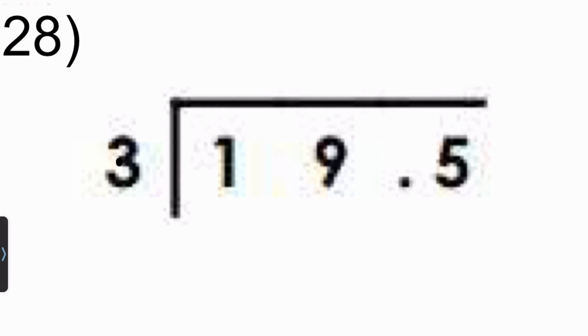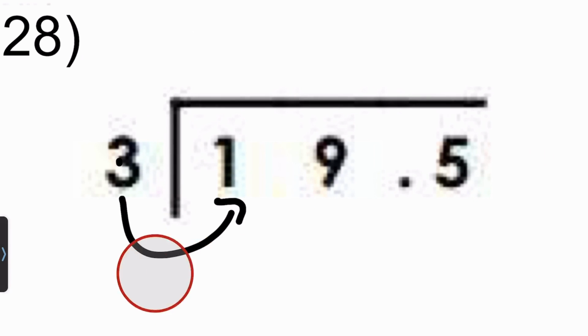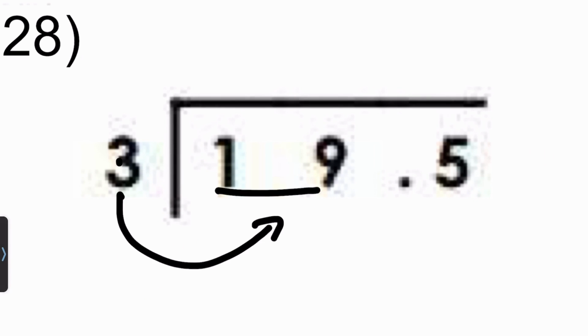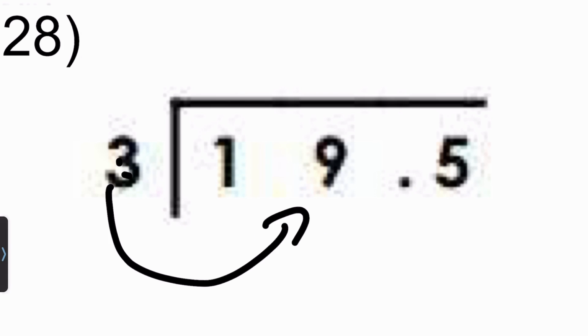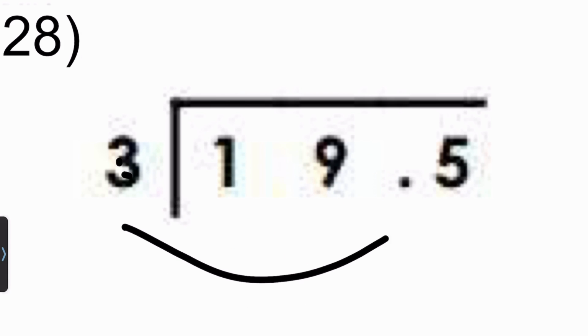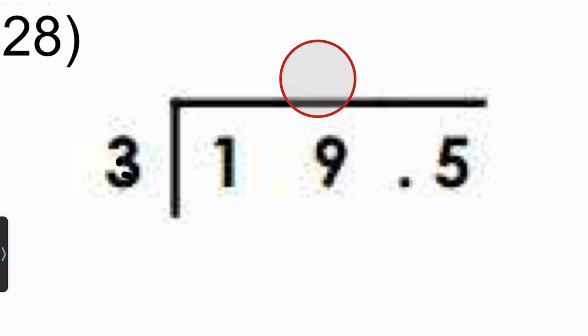Here though, 3 doesn't go into 1. We can make 3 go into 19 because there isn't a point here. But if, let's say, 3 didn't go into 19 and we had to ask if it went into 195, we couldn't do that until we did a 0 point, right?